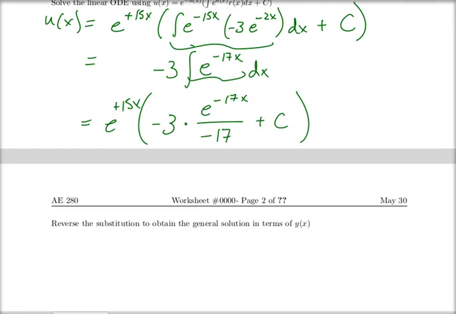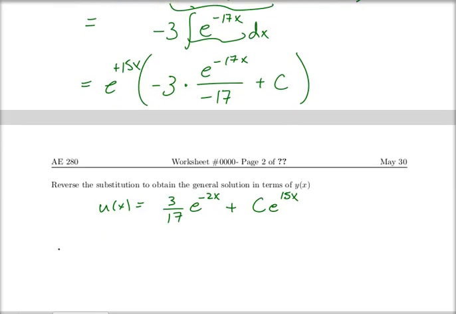I guess we could simplify that a little bit. u of x equals 3 over 17 e to the minus 2x plus c times e to the 15x.